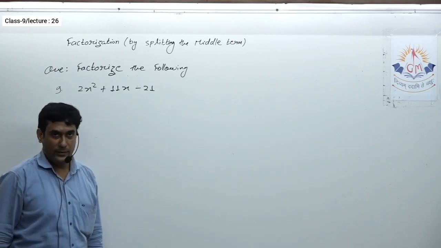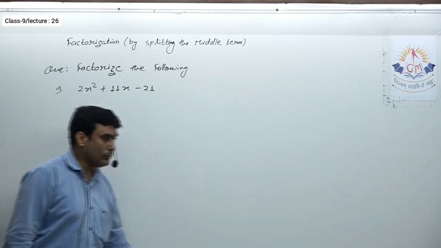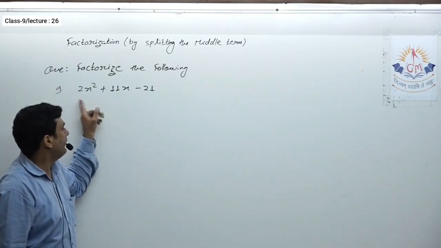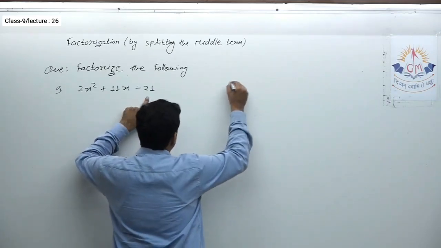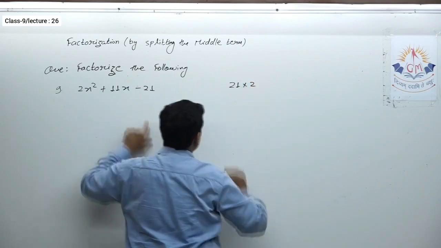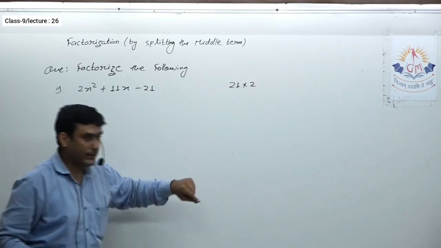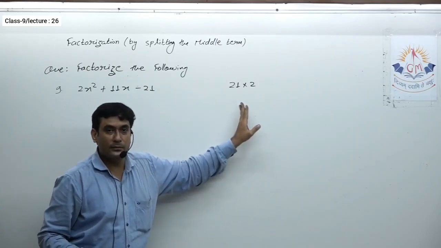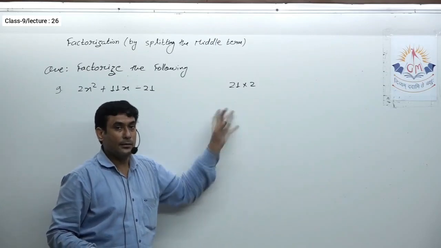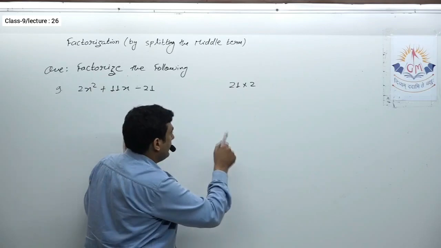Okay, so we have to find the factors of this. Very first, it is in standard form. The first term is positive. Now we find the factors of, as I told you, 21 multiplied by 2. But I also advise you that it's better to find their factors separately instead of multiplying and then finding factors.